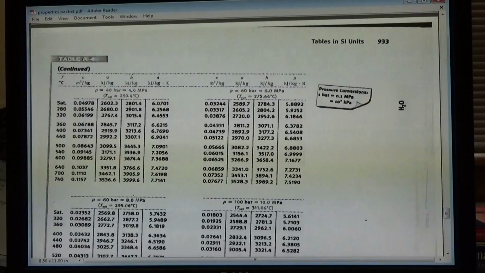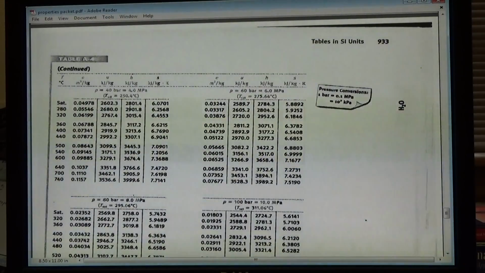So I'm getting my book and I'm turning back to the English tables. I want to go to the one for the superheated tables of water. That's going to be table A4, and then it's specifically table A4E because we have English units.